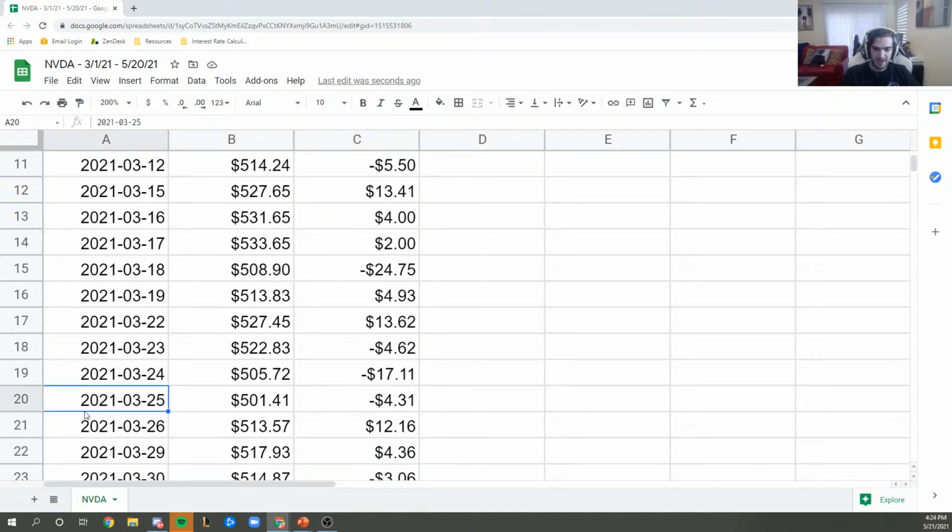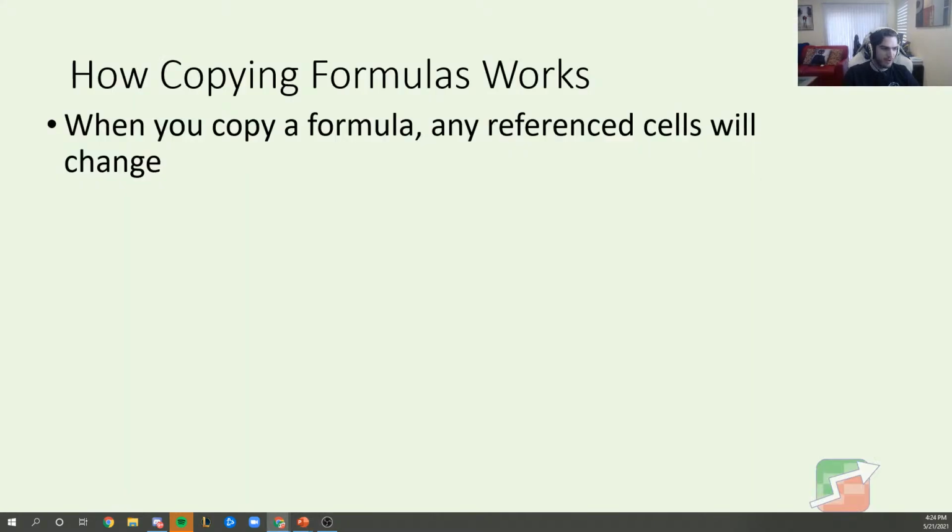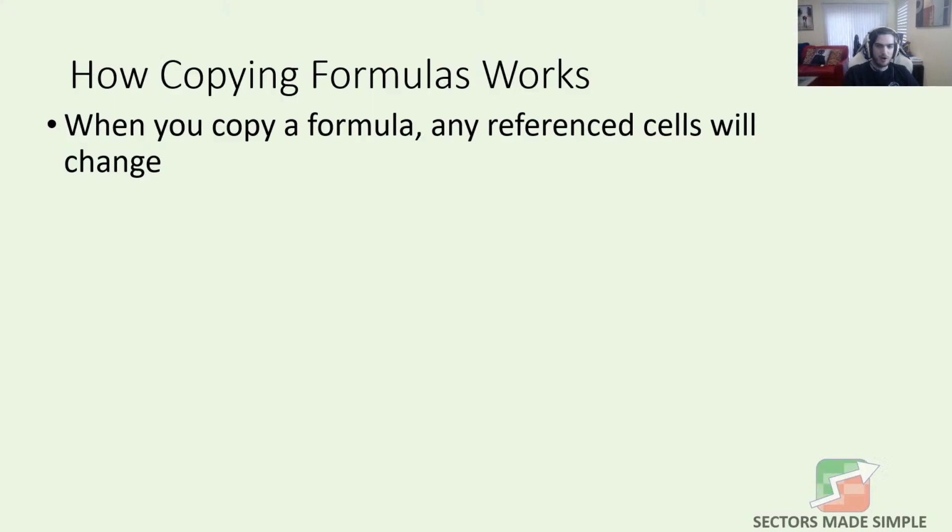So that is the basics of what it looks like to copy a formula, and how the thing that we're referencing, the cells that we're pointing to, change. So think about it like this. Here is the formula, and here's the information. Number 1 and number 2, right? When this one goes down, here, let me start up here.